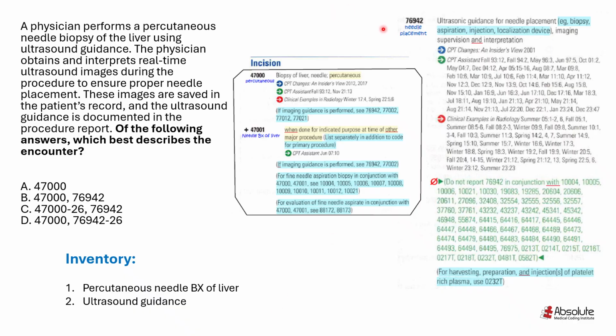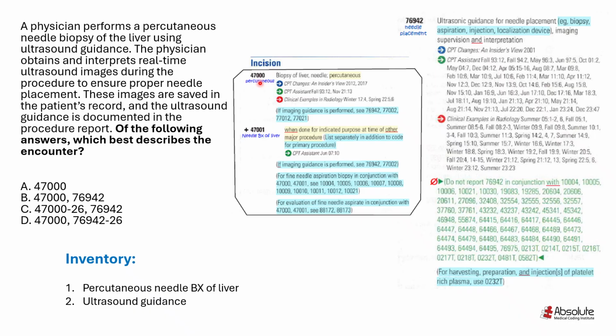All right? So we know 47000 is the code for the liver biopsy, percutaneous, and all of the answers share that. But what really makes these codes distinct is A is missing the image guidance, B is coding with no modifiers, C is coding with a modifier on the surgery code, and D is coding for a 26 modifier on the imaging code.